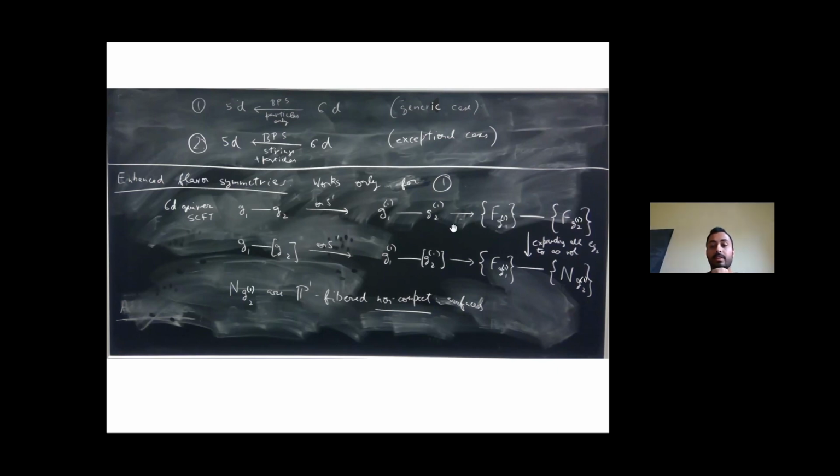Right. So now, to go from such a quiver gauge theory to the situation where you have a non-quiver theory, let's say G1 with a flavor symmetry G2, you can simply turn off the Yang-Mills coupling for G2.